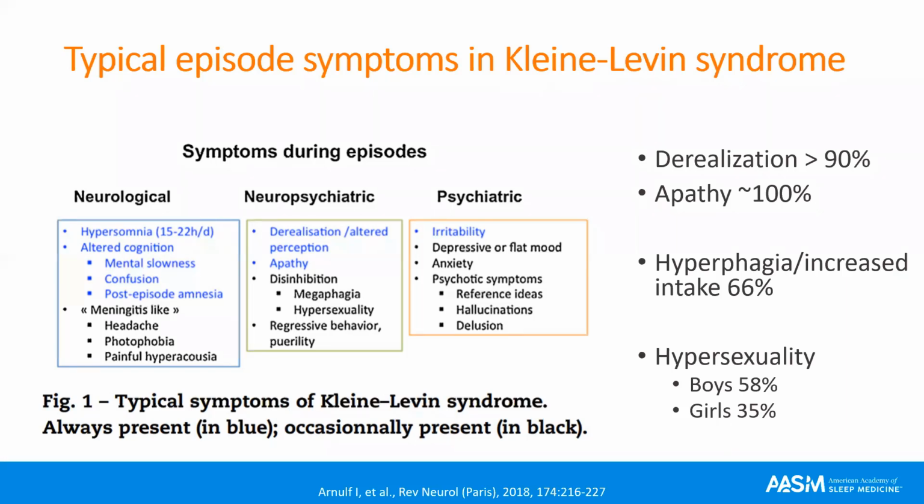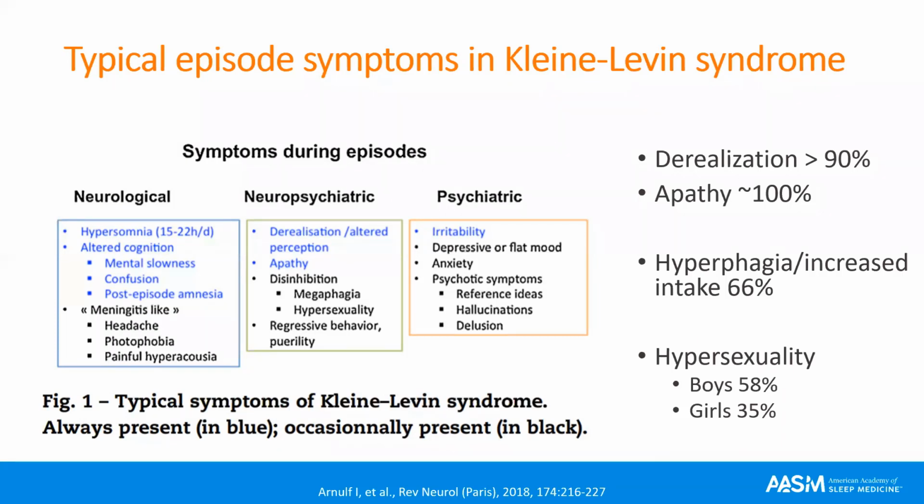It is pretty common for people to have amnesia for what happened during their Klein-Levin spells once the spell is finished. Early reports of Klein-Levin really emphasize the hyperphagia and the hypersexuality component of the disorder. Those can be important symptoms, those can be problematic symptoms, but they are far from universal.